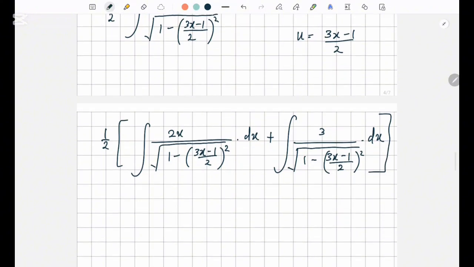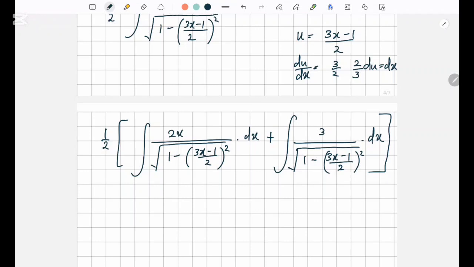So now we broke them down. If you take the substitution above, you can see du over dx equals 3 over 2. So then 2 over 3 du equals dx, right?